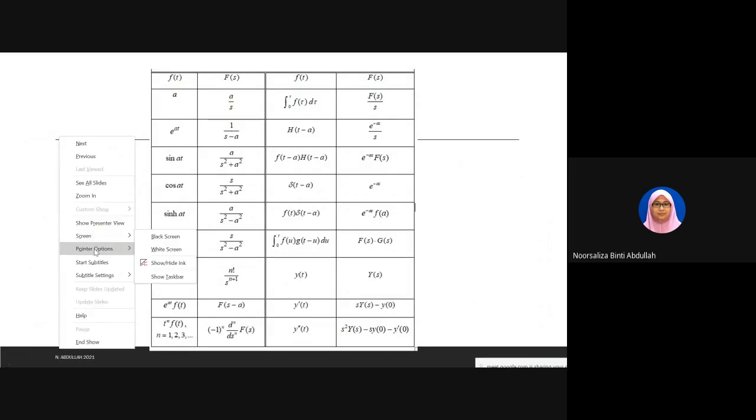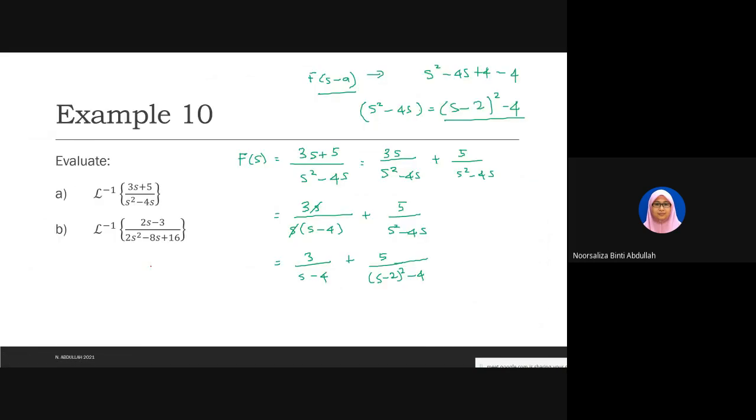Look at here, you have S minus 4 and here is (S minus 2) squared minus 4.